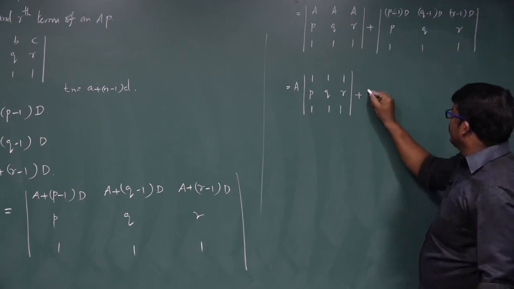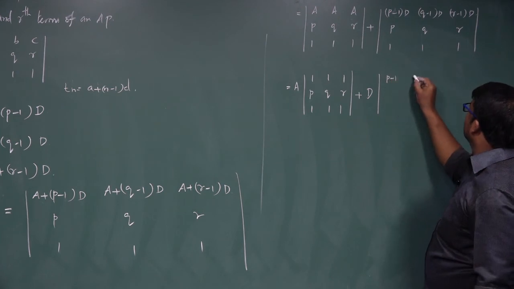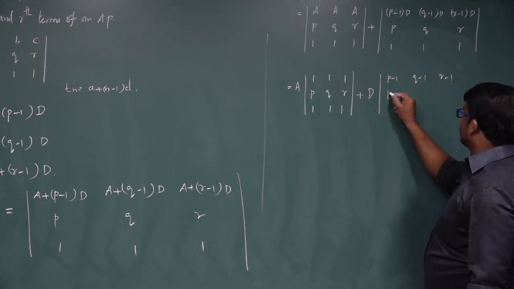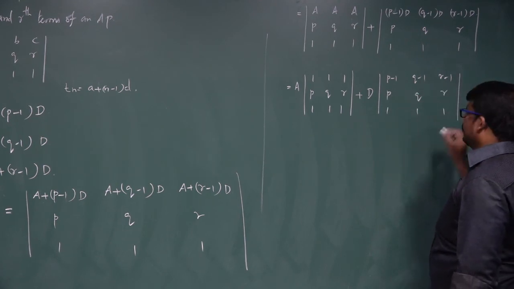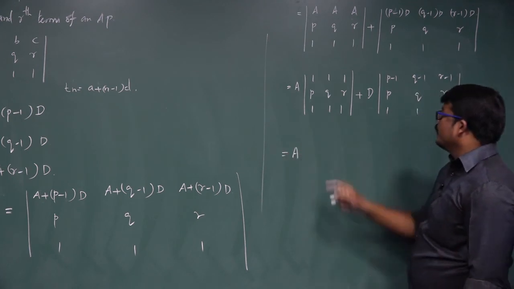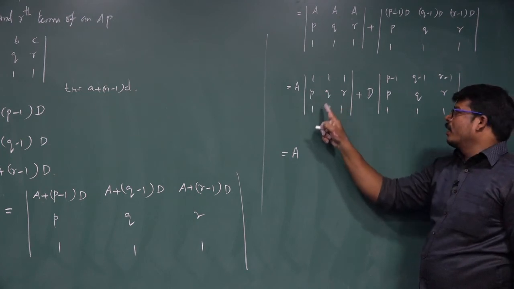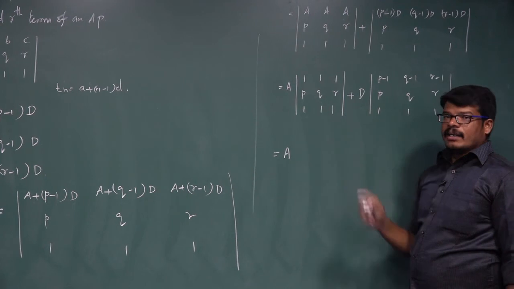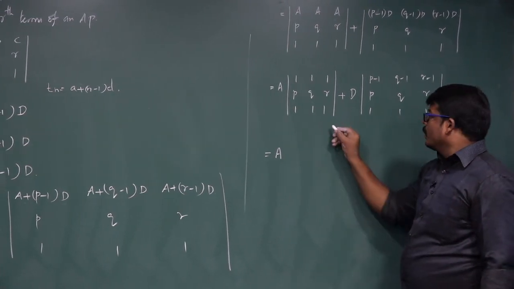Taking D outside, P minus 1, Q minus 1, R minus 1. The second row P, Q, R. Third row as it is 1, 1, 1. That is equal to A into the determinant 1, 1, 1, P, Q, R, 1, 1, 1. Comparing R1 and R3, two rows are identical, so the determinant value is 0.